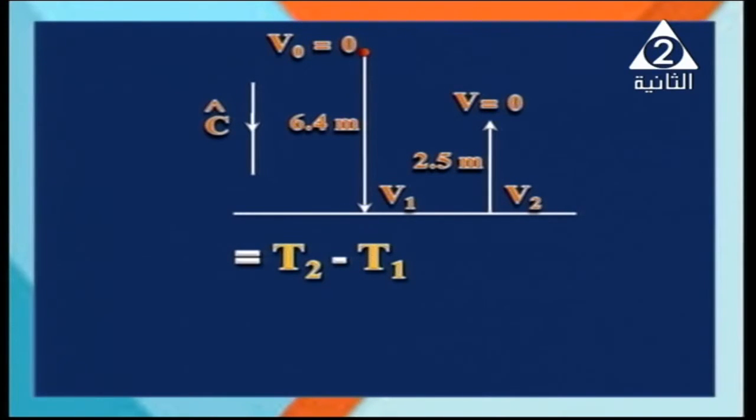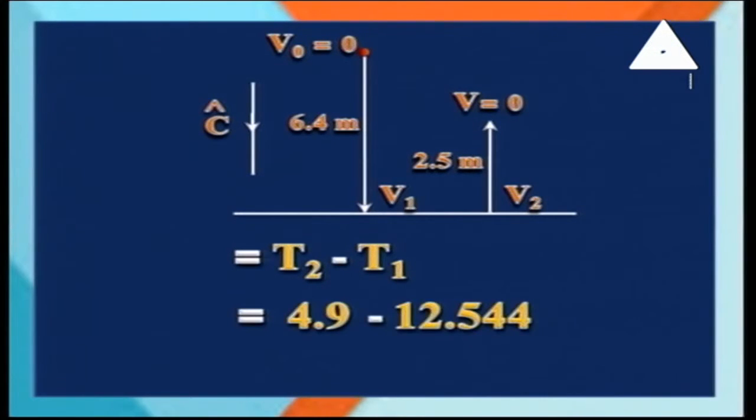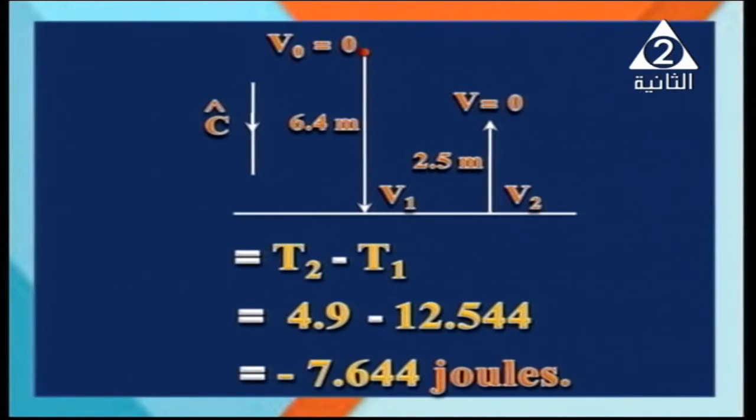Then change of kinetic energy equals T2 minus T1 equals 4.9 minus 12.544 equals negative 7.644 joules. This example is very important in our life.